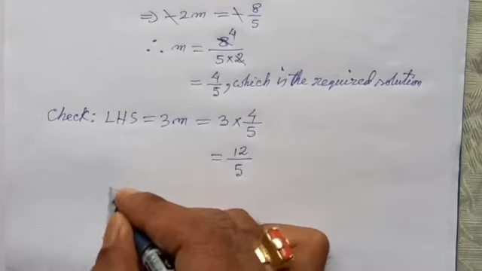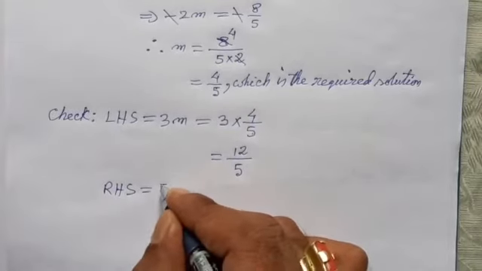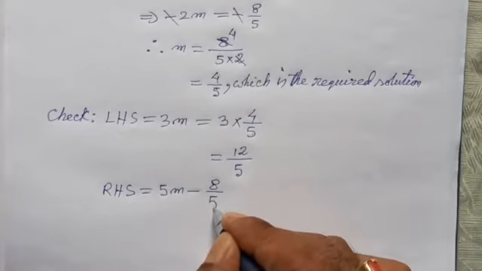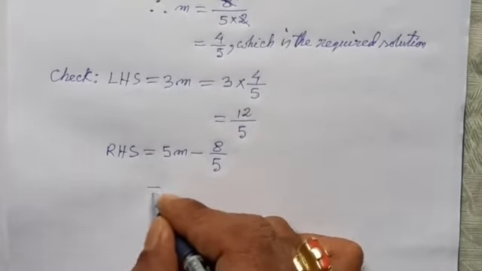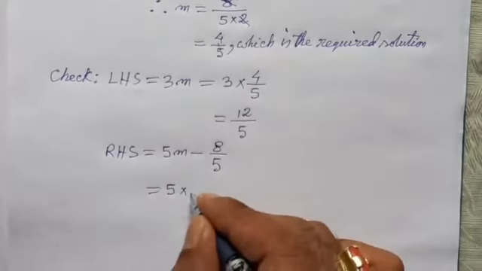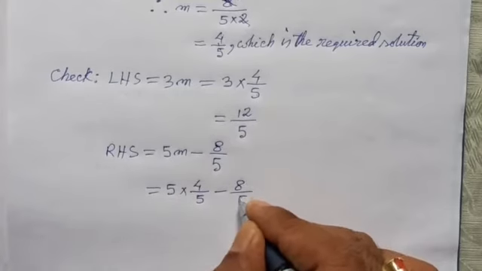Now the right hand side. The right hand side from the question is 5m minus 8 by 5. 5 into the value of m, which is 4 by 5, so keep 4 by 5 minus 8 by 5.